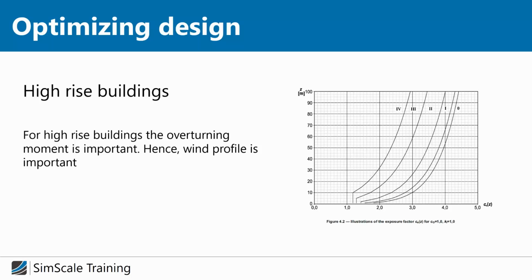And the wind speed changes quite a lot with height, and in Eurocode you have a concept called terrain category, where 0 is water, and terrain category 4 is full urban environment.